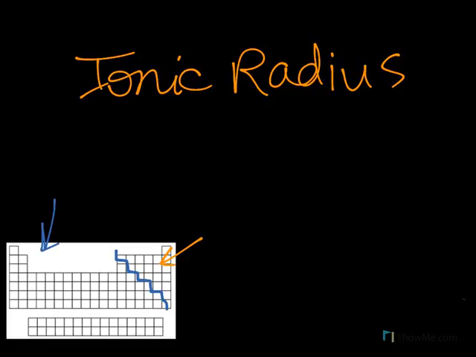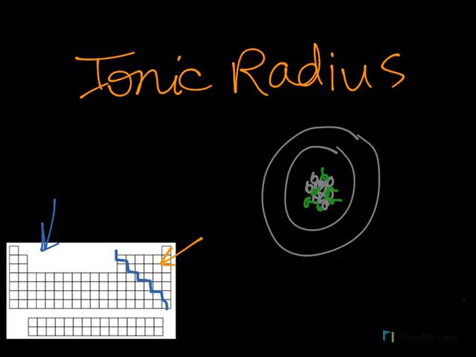So let's draw a nitrogen atom. Got my protons and neutrons. And then my energy levels. I've got, let me see, 1, 2, 3, 4, 5, 6, 7.